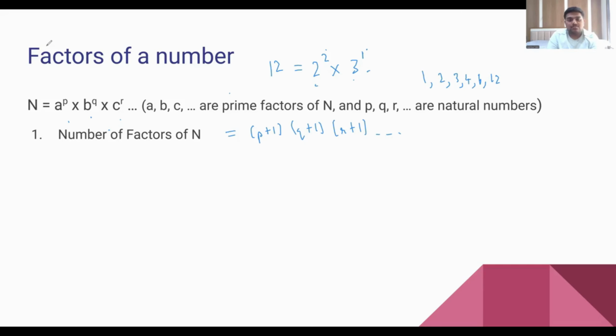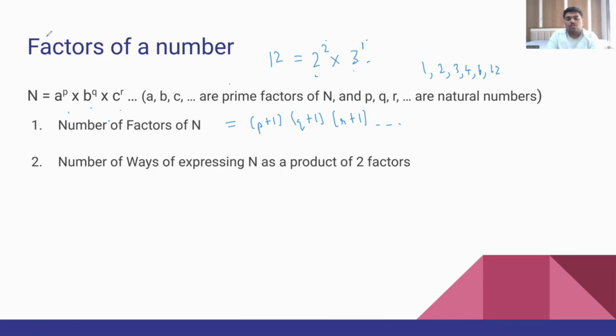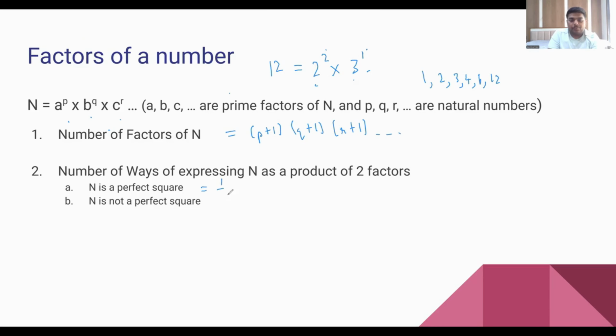Now let us look at the next formula, the number of ways of expressing n as a product of two factors. Now there are two cases in it. Case 1 is that n is a perfect square, and case 2 is n is not a perfect square. Now if n is a perfect square, then this is equal to 1 by 2 into [(p plus 1) into (q plus 1) into (r plus 1) and so on, plus 1].